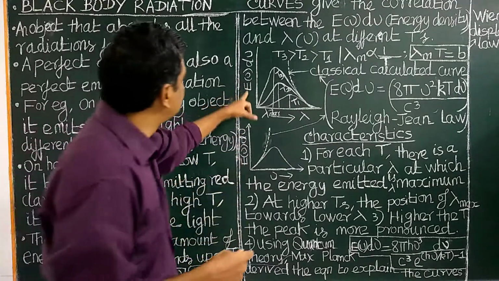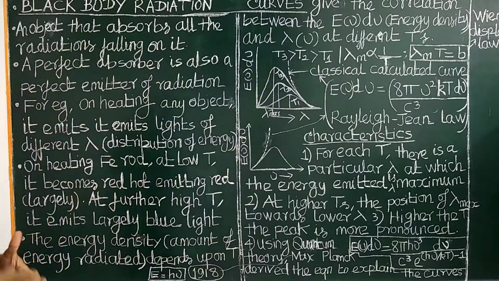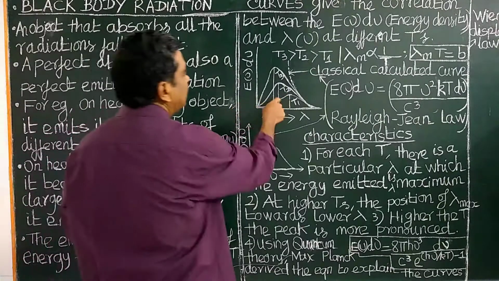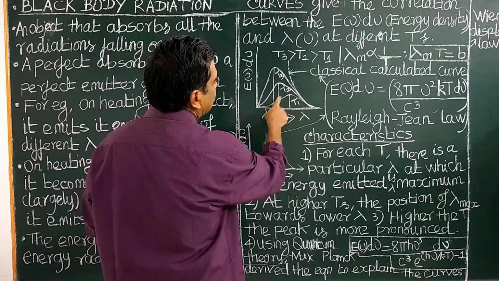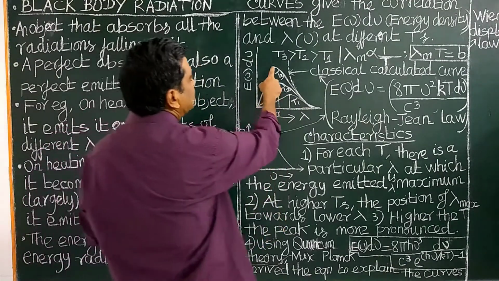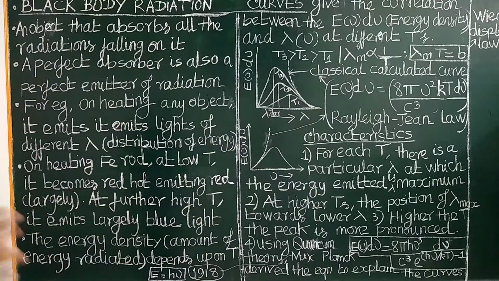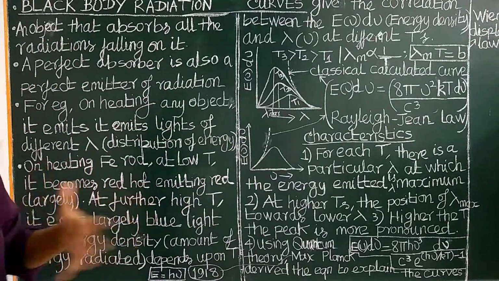Now, the next point is the energy density, represented by E nu d nu, the amount of energy radiated, which depends upon the temperature. At low temperature, the area under the curve is very low. At high temperature, the area under the curve, the amount of energy emitted, is high. What happens when the object is heated?